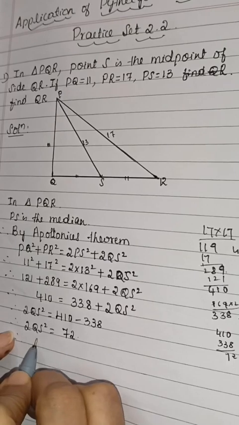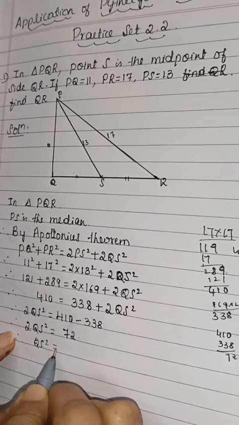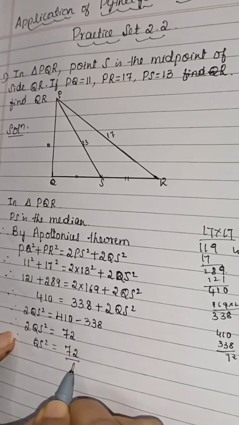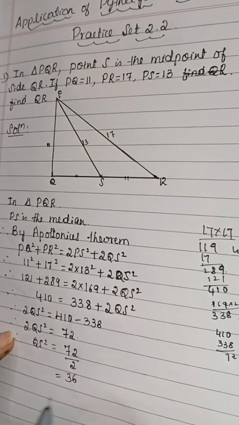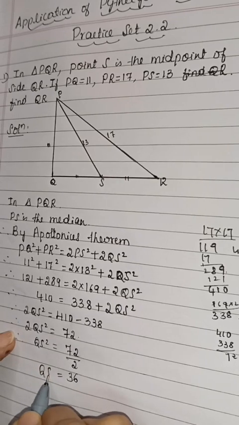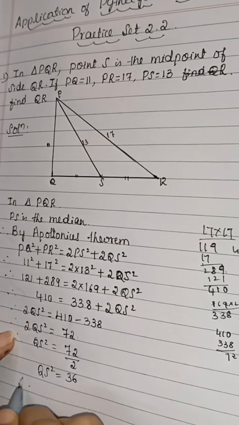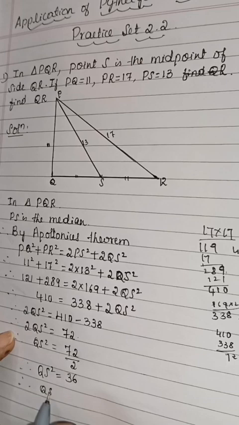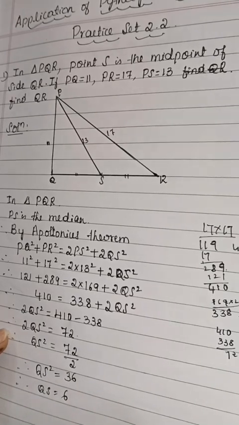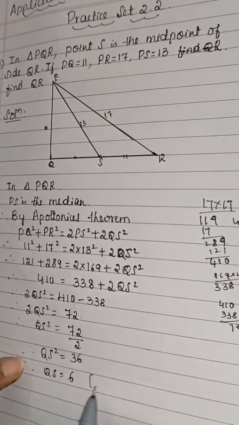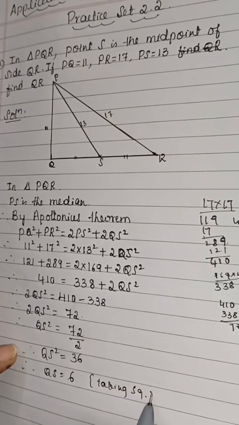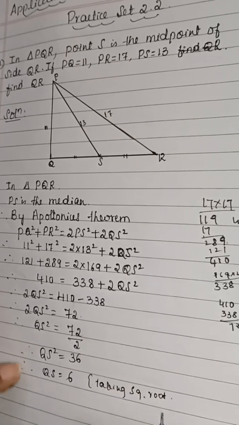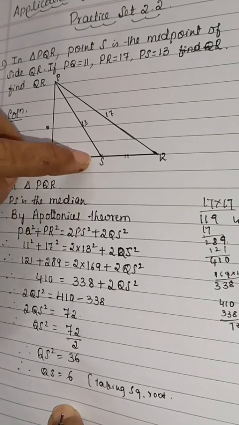Therefore, QS square is 72 by 2, that is 36. So QS square is 36. Therefore, QS is 6, taking the square root.